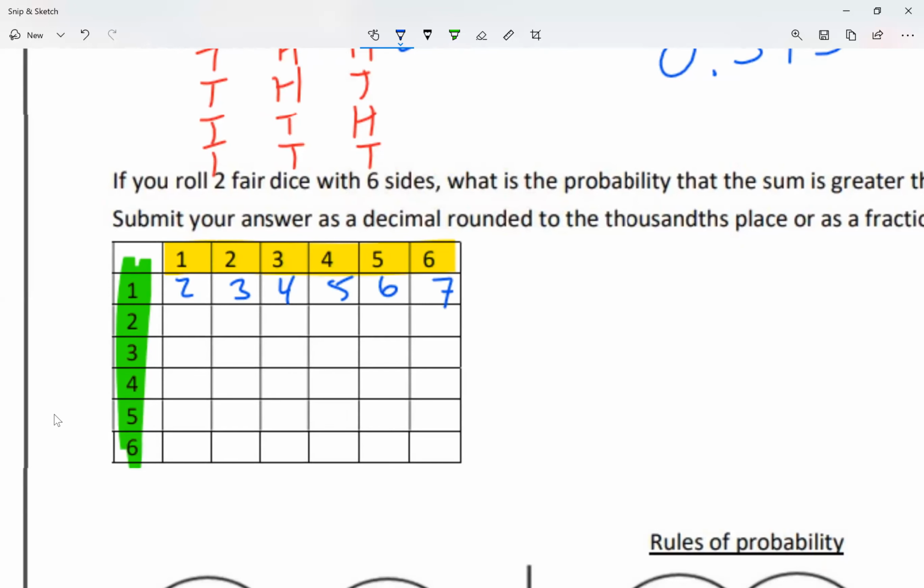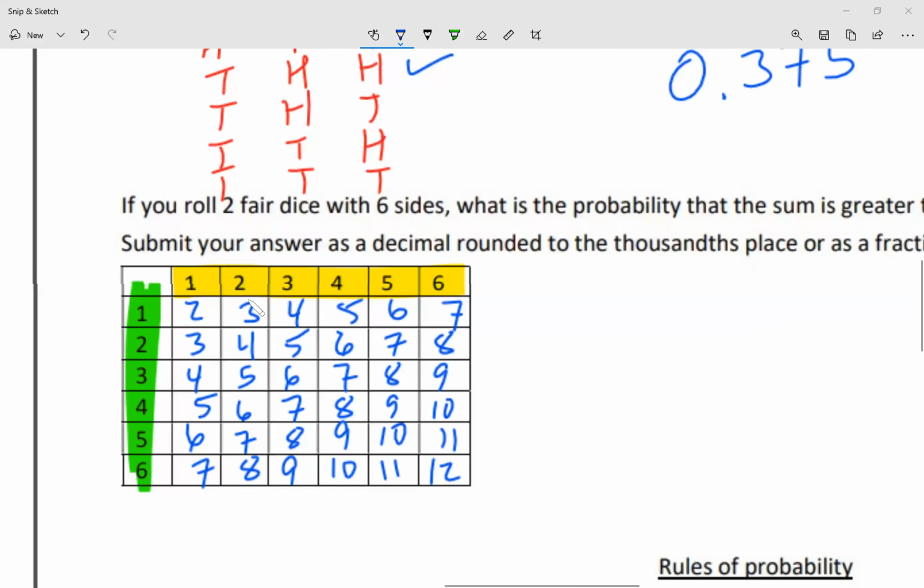Notice how for each of my squares, I'm just adding what I get for my yellow die and what I get for my green die. So let me fill this out. Remember, all I did was add what I got on my yellow die and what I got on my green die because I threw them out there.